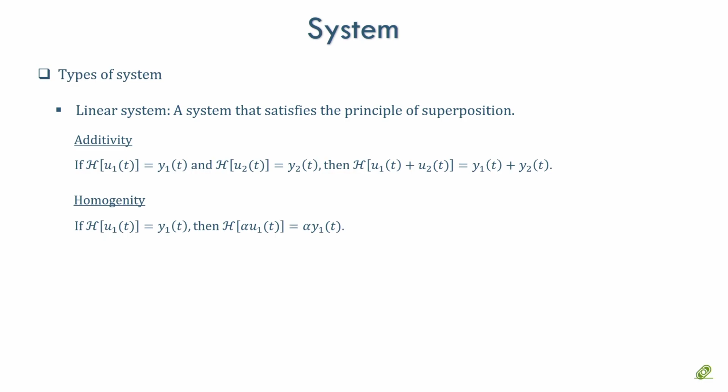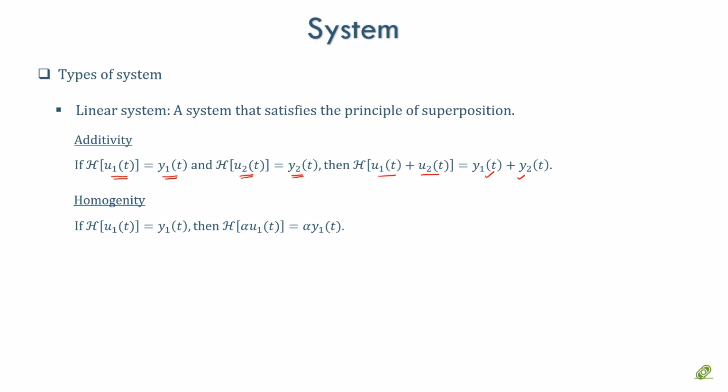And what is that? So, if U1 is the input to the system and Y1 is the output of the system, and if U2 is an input to the system and Y2 is an output of the system, then if you give U1 plus U2 as input to the system, the output of the system must be Y1 plus Y2. This is additivity, and remember, this has to be true for any kind of inputs that you take.